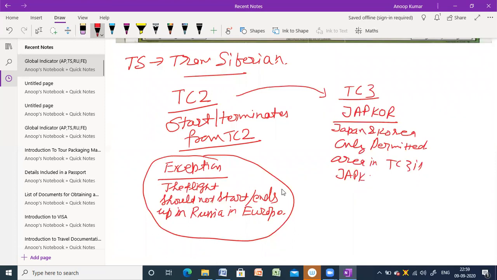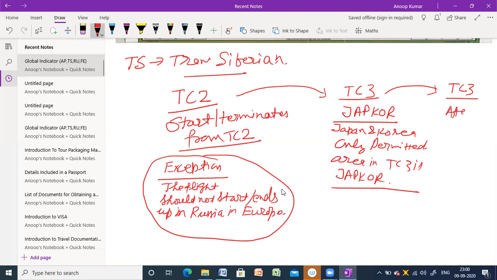If it lands at any other area in TC3, this global indicator will not be applicable; another global indicator will apply. So the first entry point should be JAPCOR.